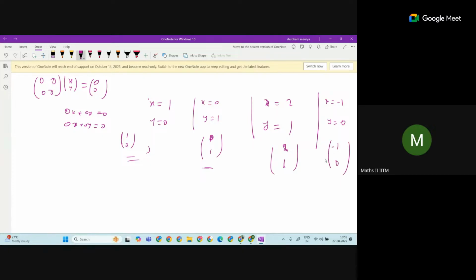These are also eigenvectors. You will say I am getting many eigenvectors here. But if you check, any two of these are independent, while all three taken together are dependent. So I want only 2.